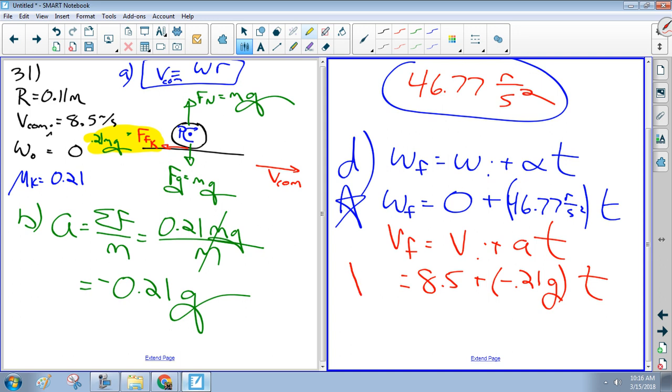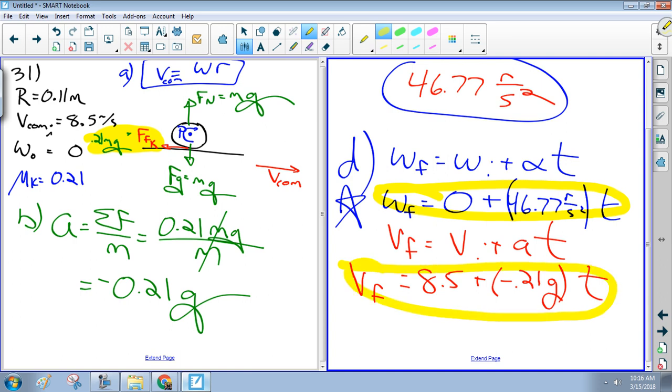So that's an equation for my VF. Good? All right. What should be true about the angular velocity at some instant and the linear velocity at some instant? Should equal this, right?